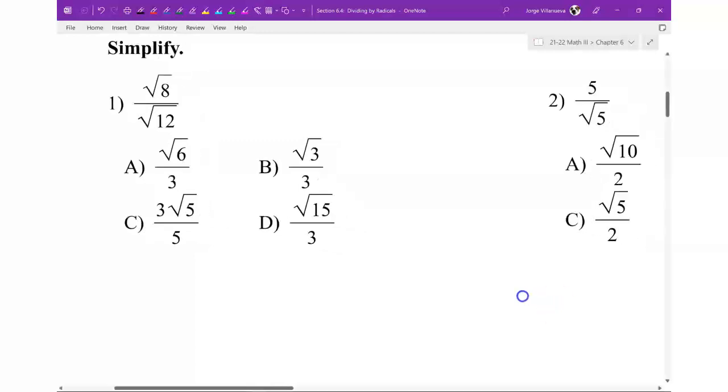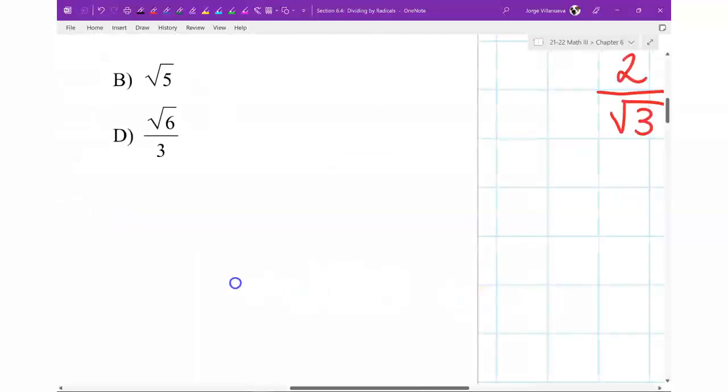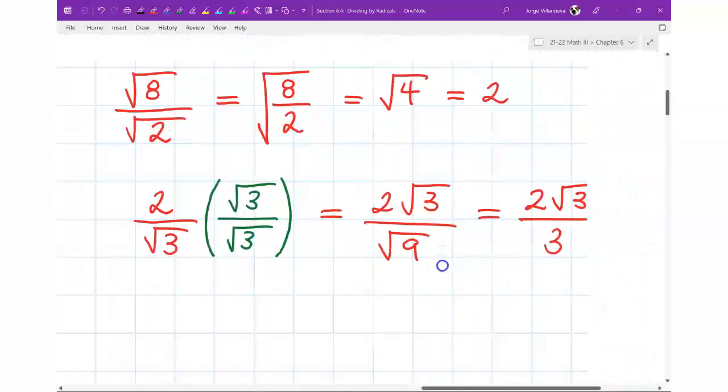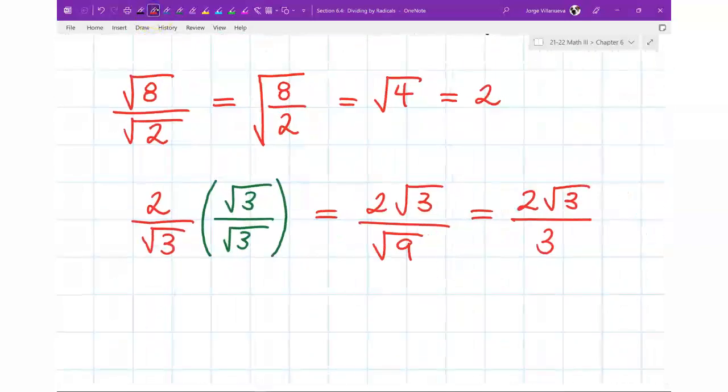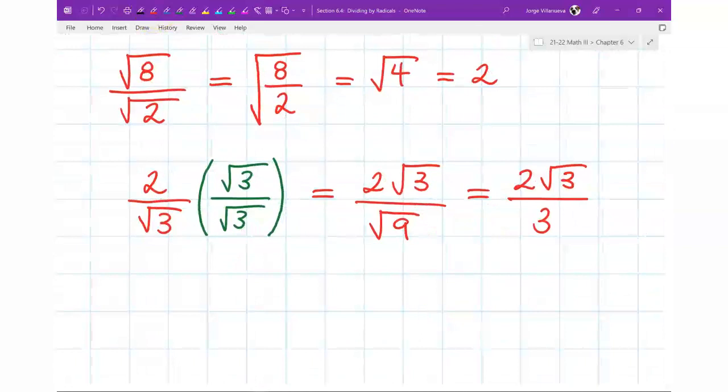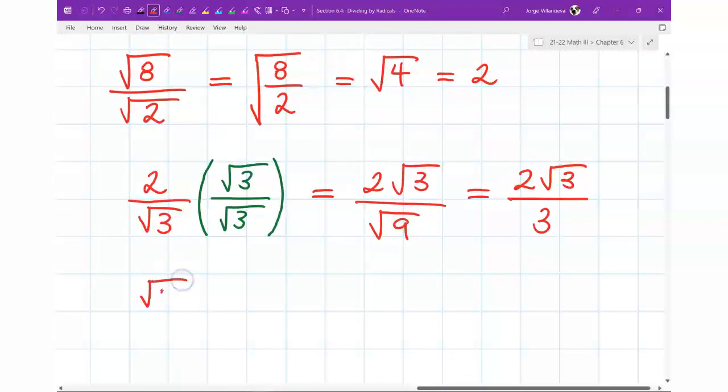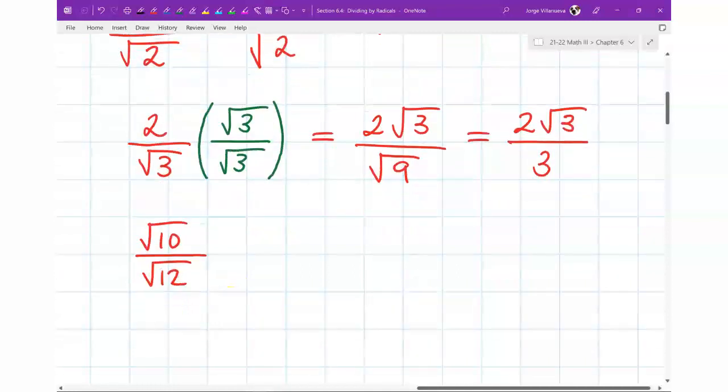Now, oh, by the way, I forgot to tell you this. Let's say you had something like this. And you're like, well, let me combine it. So I do this.